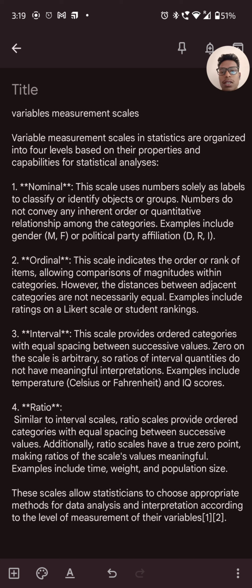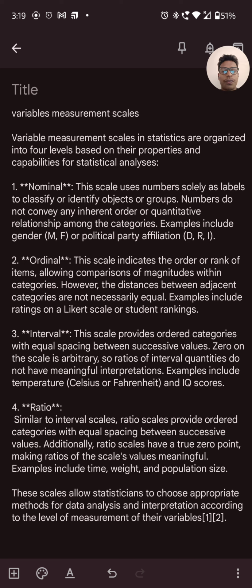Variable measurement scales in statistics are organized into 4 levels based on properties. We see nominal, ordinal, interval, and ratio. In the nominal scale, we measure objects or groups which are not denoted by numbers.